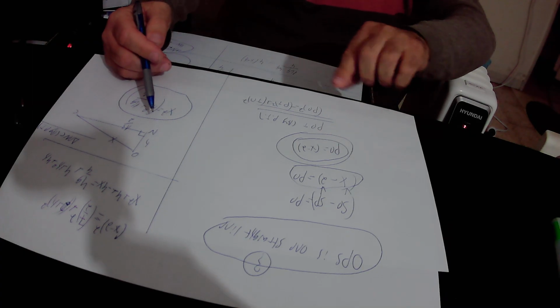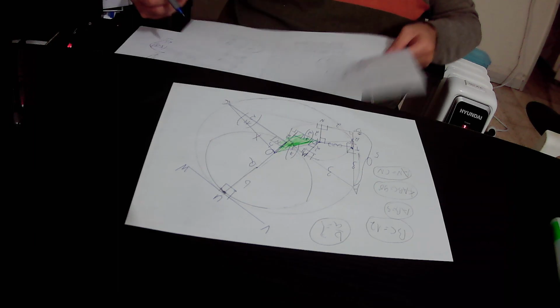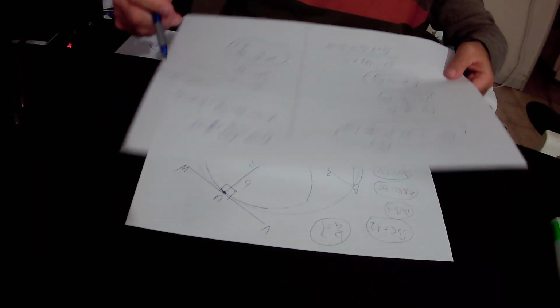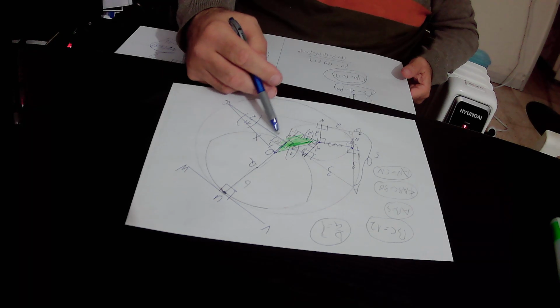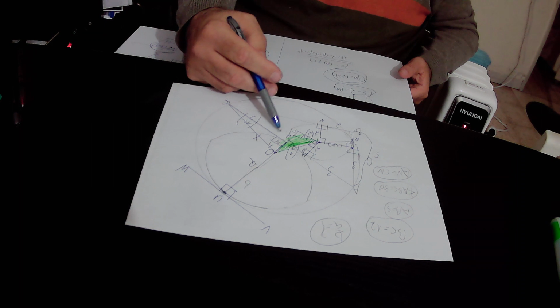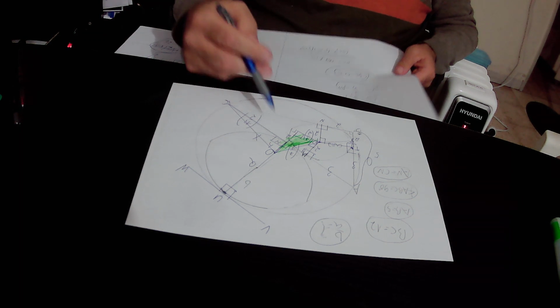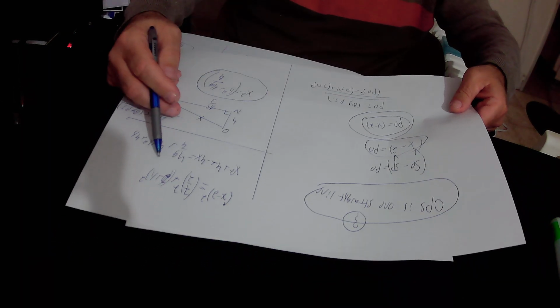And PT is 7 over 2, therefore PT square is 7 over 2 square, plus TO square. TO is TN plus NO. That is to say, TO is TN, that is 2, plus NO, that is h. In total, TO equals 2 plus h. So TO square equals 2 plus h square.